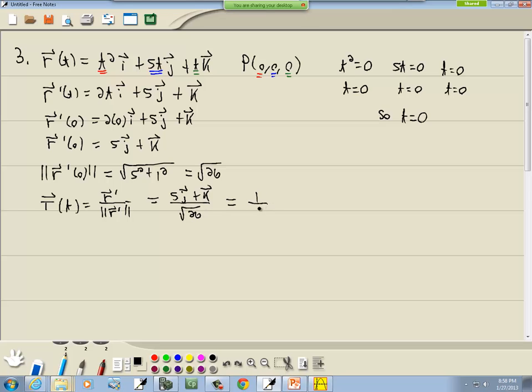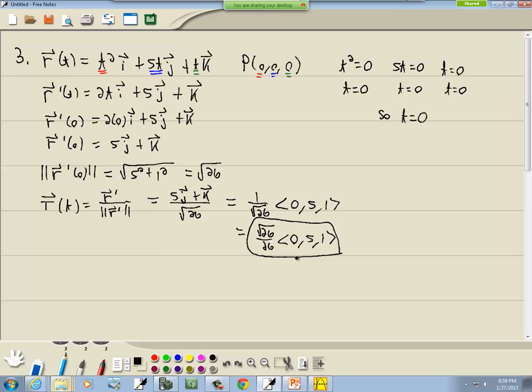Which gives us 1 over square root of 26 times 0, 5, and 1. That's a j there. So there was no i, so that's why we put a 0 there. Now, this is also equal to square root of 26 over 26 times 0, 5, and 1. Now that's our tangent vector, the first thing it's asking for.